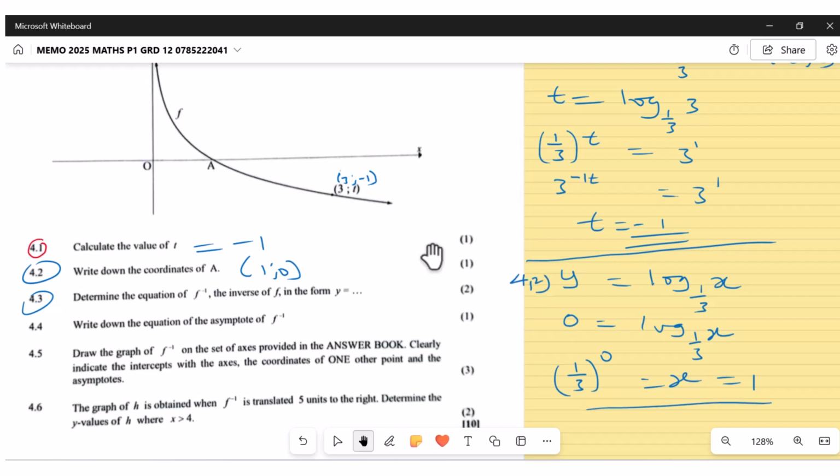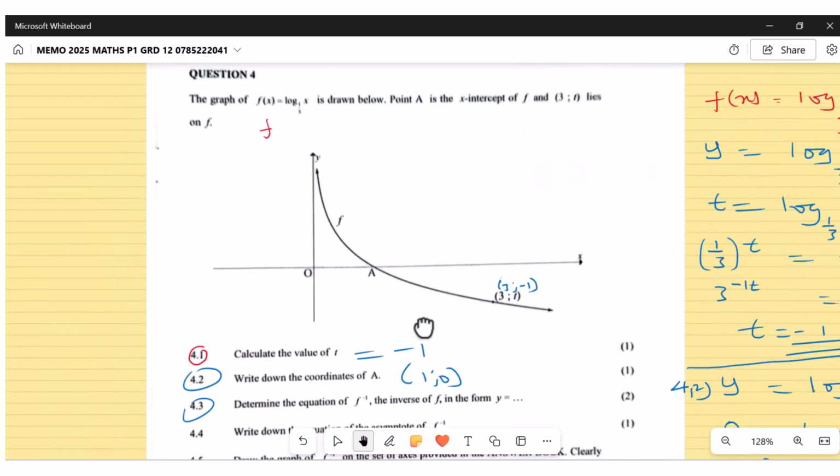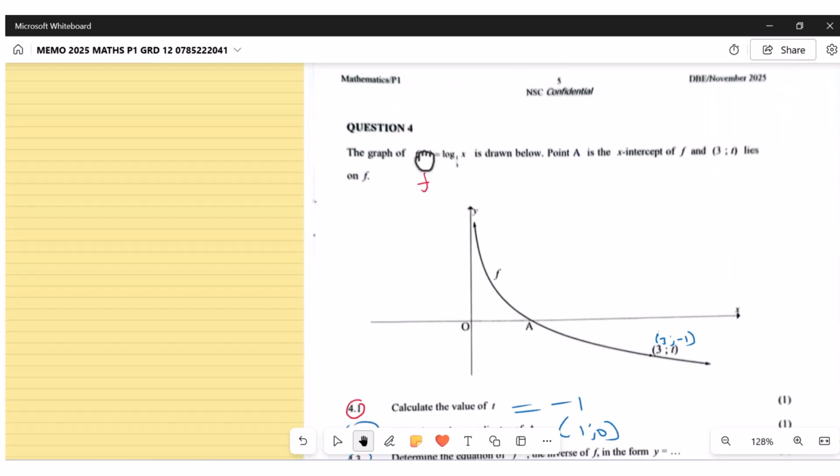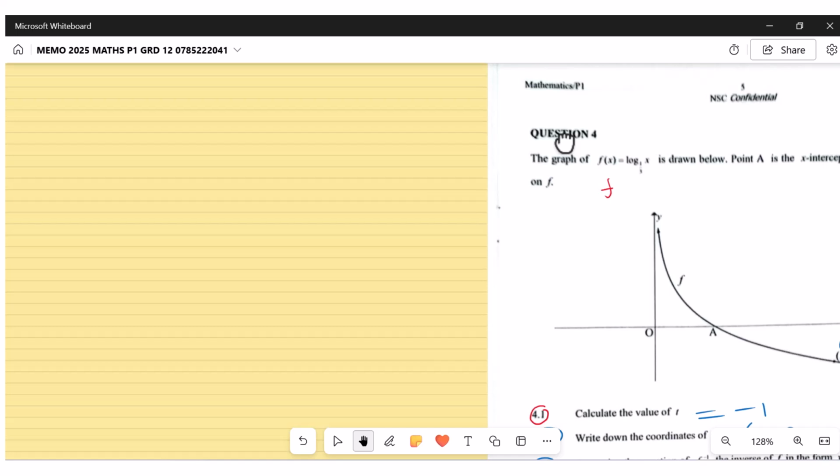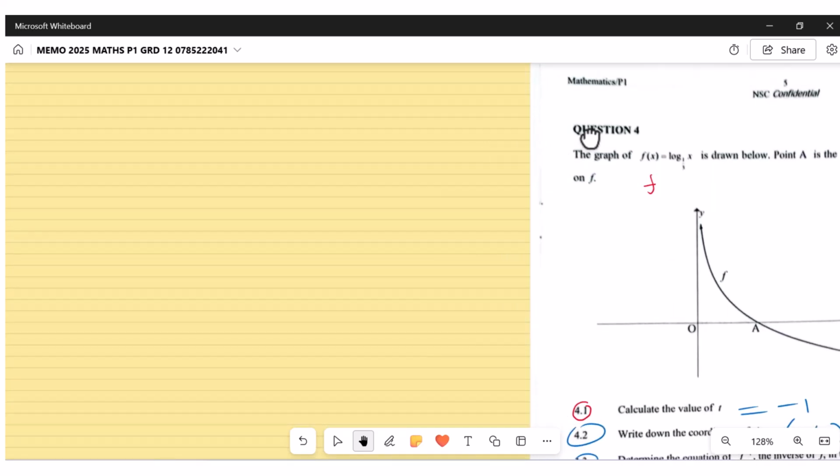So our function is y equals log base a third of x. Now to get the inverse, you swap x and y. So we're going to say x equals log base a third of y.